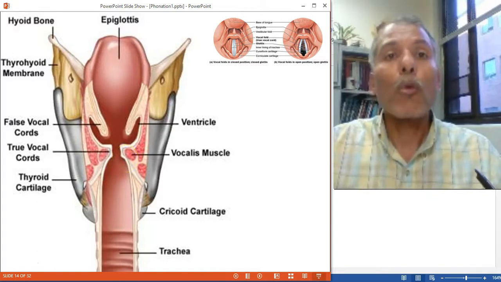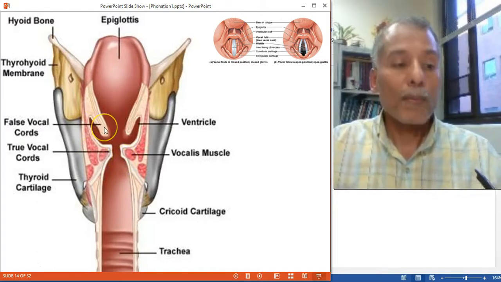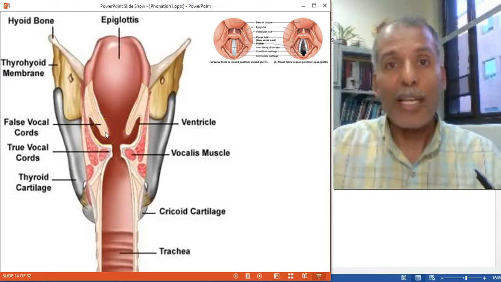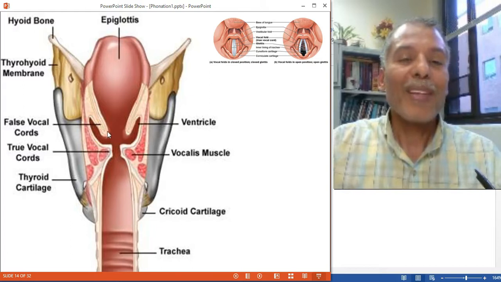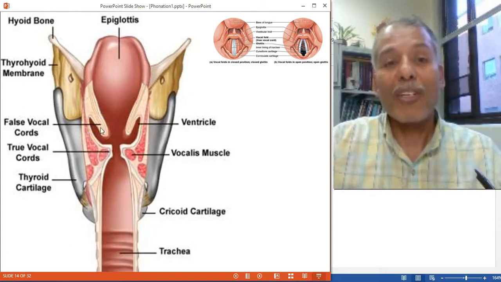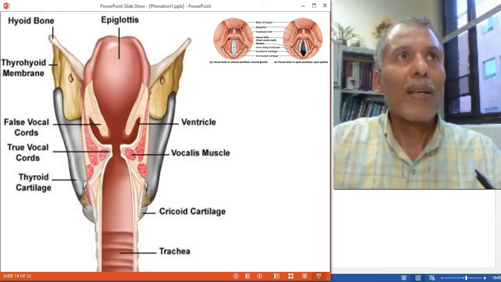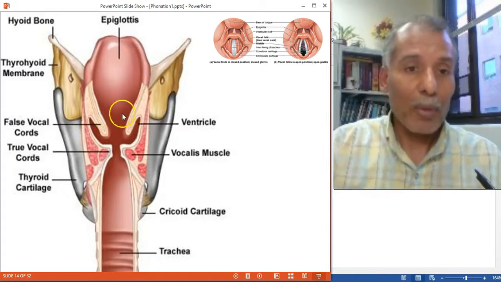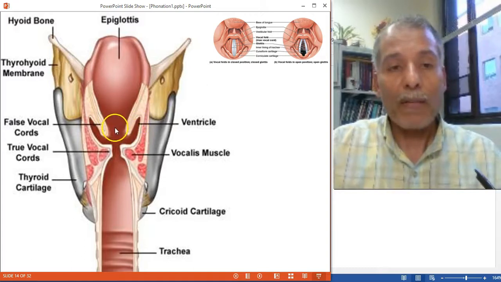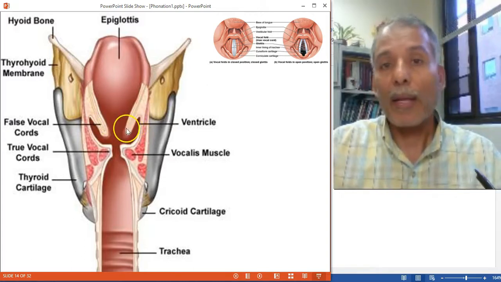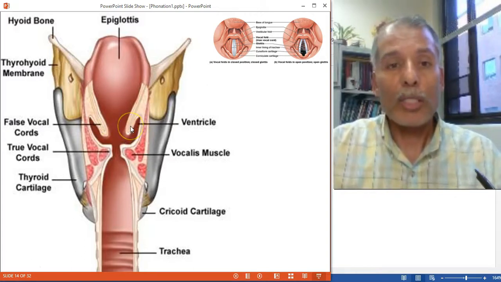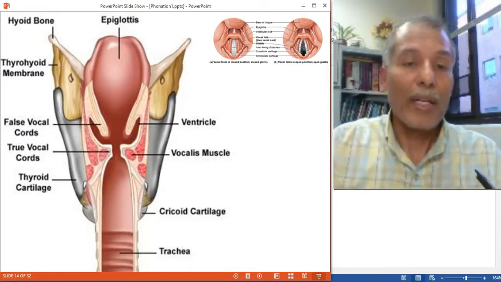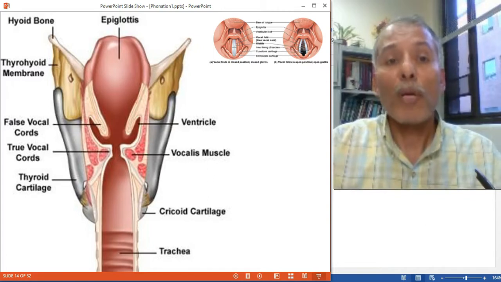There are people who learn how to vibrate the ventricular folds, like in The Exorcist. Also, you just say ventricular, you call it throat singing. Some people in Mongolia and different parts of India make that part of a ritualistic kind of singing. When you listen to it, it's a very deep, very low pitch sound.